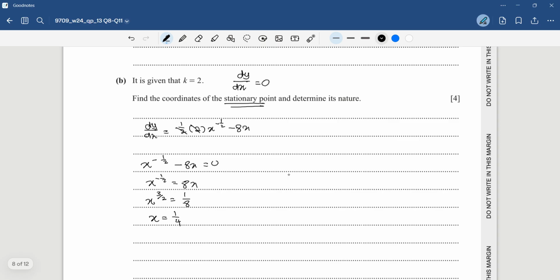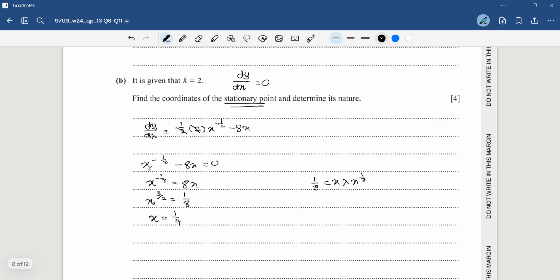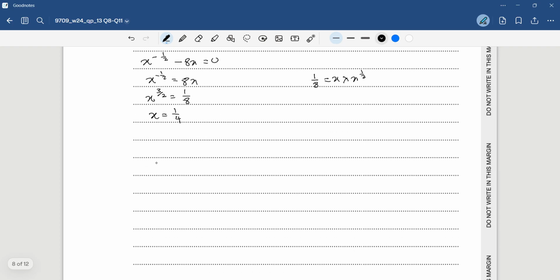So you just remember this. I just bring 8 here and x here, so it will be 1 over 8 equal to x times x to the power of half. So I get x to the power of 3 over 2 equal to 1 over 8, so x equal to 1 over 4. And then when x equal to 1 over 4, we find the second derivative.